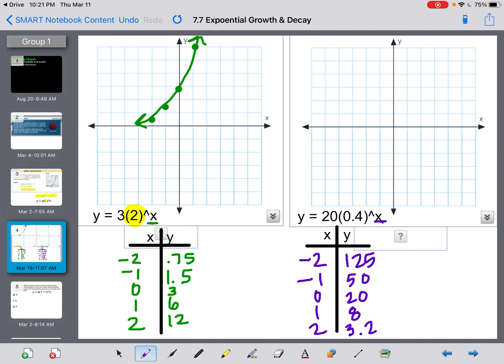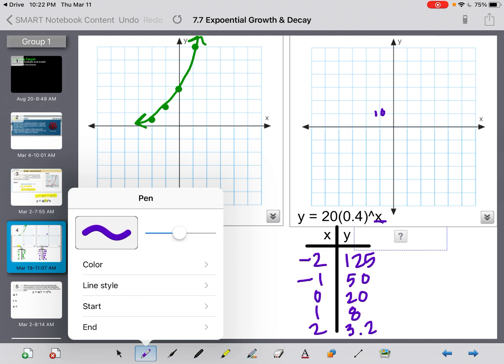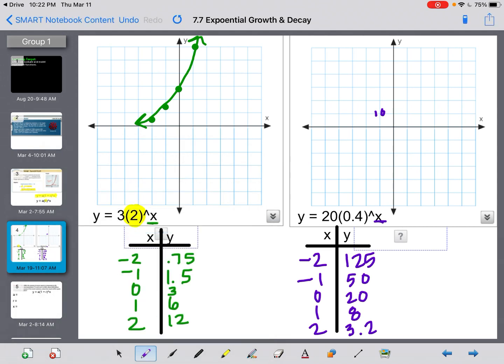Okay, so now I'm actually going to just mark these as I'm going to count by tens right here. I can still count by ones on my x-axis. When I graph these, I'm going to have to go back 2, up 125, which is not going to fit on this little graph. But I can go back 1, up 50, and put my dot right there.